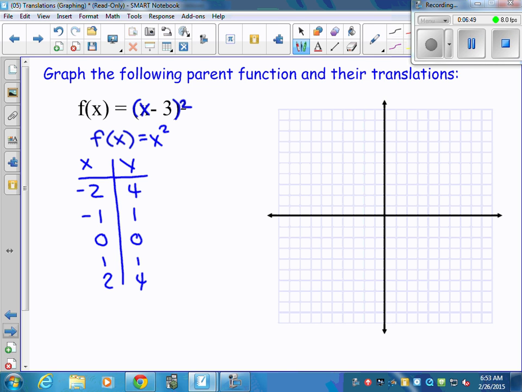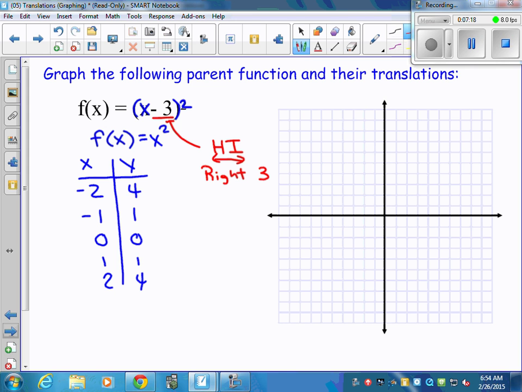Now, once we've identified the parent, we want to identify what operation is being done. Okay, we have a -3 inside the function. Insides are horizontal adjustments, and our horizontal head shake tells us that we don't trust what we see on the inside. So even though it's a negative, this graph is going to move to the right 3 units.